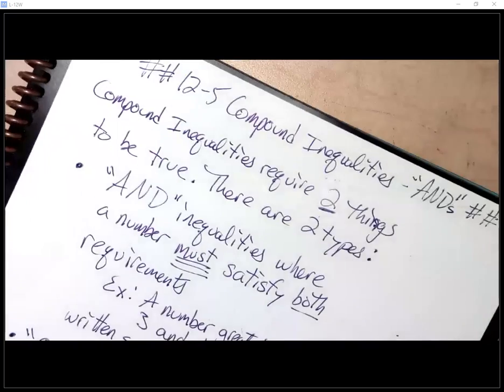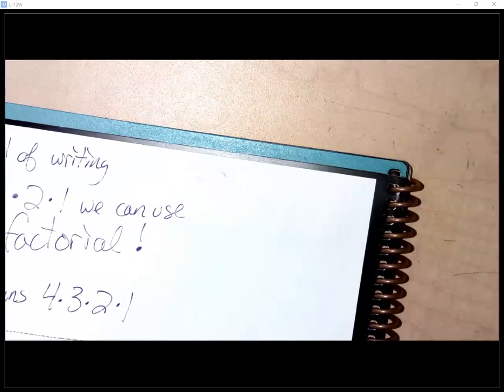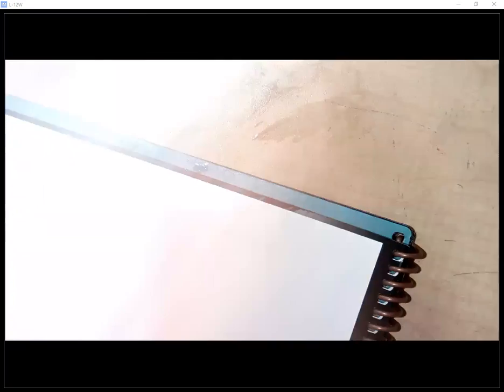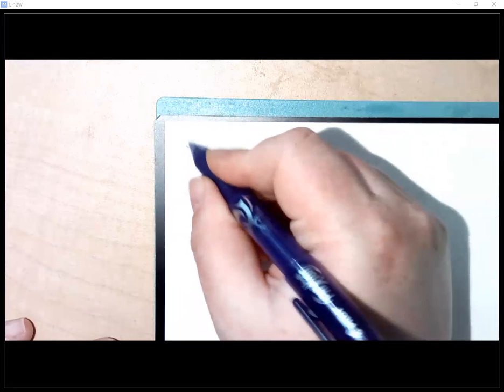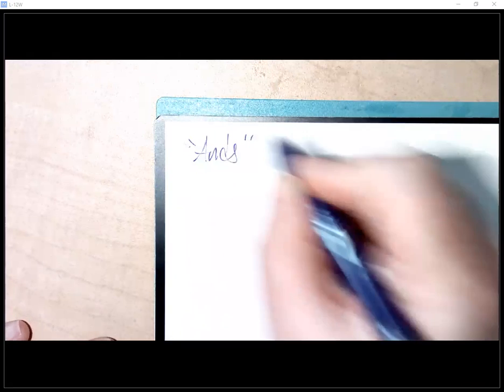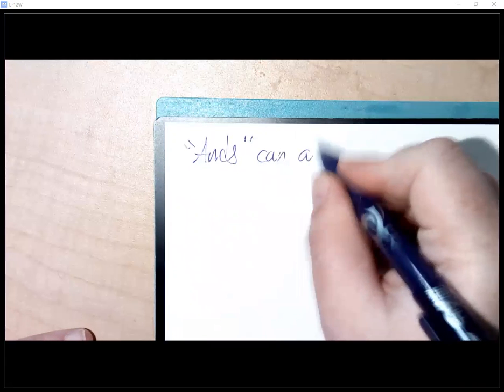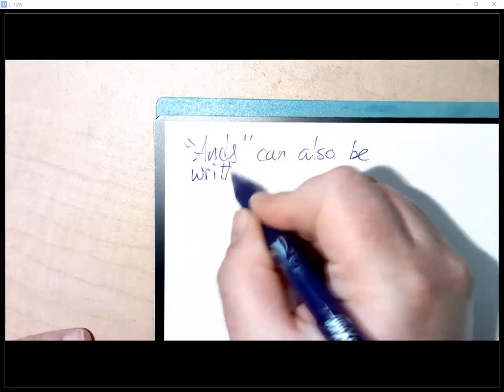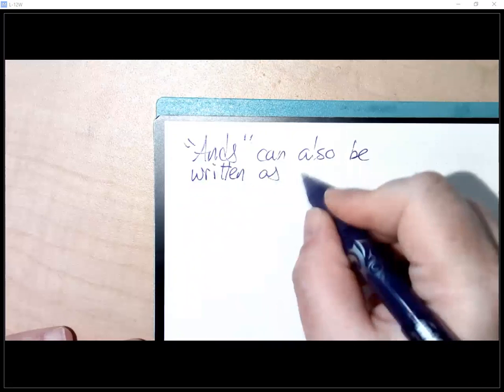The other way that it could be written, ands can also be written as one big problem.